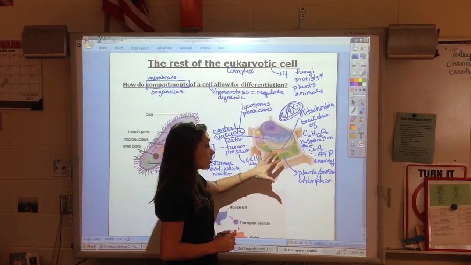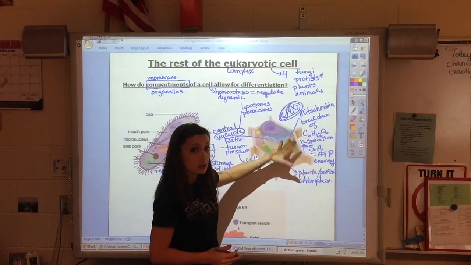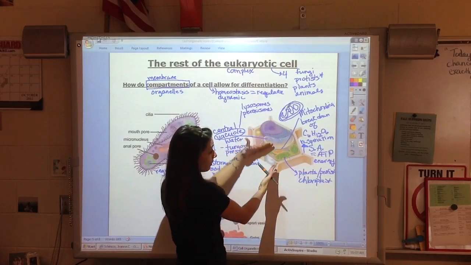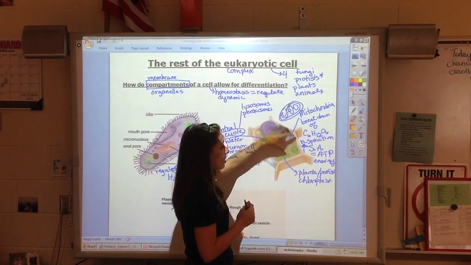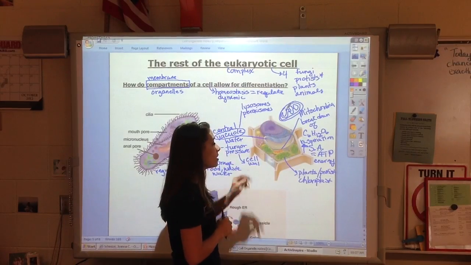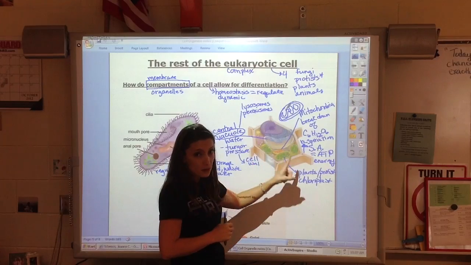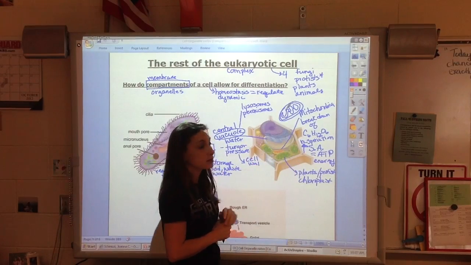When we look at the chloroplast, it's actually similar. Now keep in mind, when we talked about the endosymbiosis theory, these very well once could have been their own free-living bacteria that are now in a permanent relationship with the eukaryotic cell. Double membrane bound, have their own source of DNA, divide on their own, have their own enzymes.